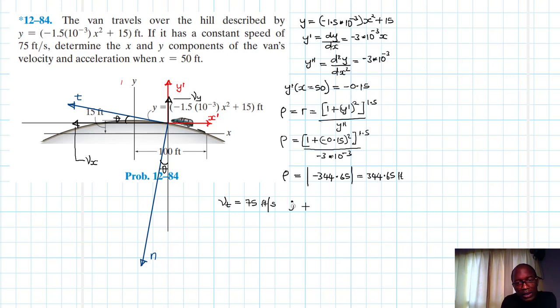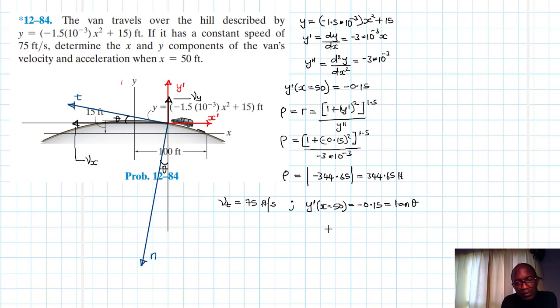We calculated y prime already. y prime at x equal to 50 is equal to minus 0.15, and this is also equal to tan theta.